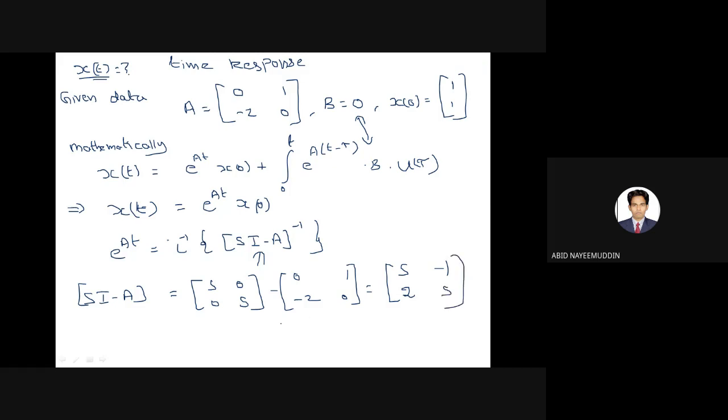Now next you need to find its inverse. You have to find (sI minus A) whole inverse. That is mathematically equal to adjoint by determinant.